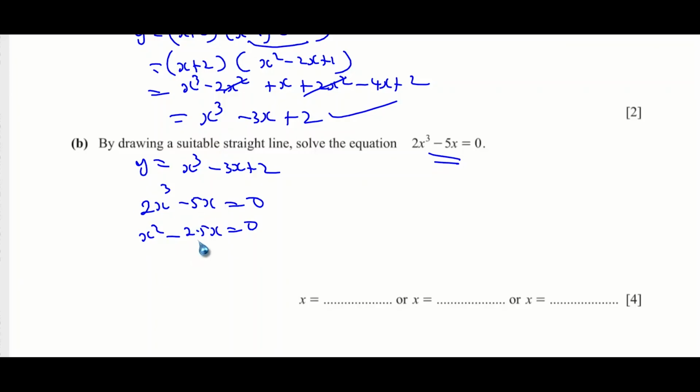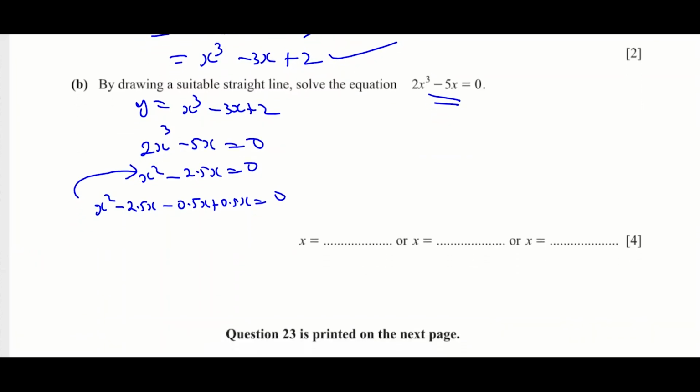To do so, I can say x cubed minus 2.5x minus 0.5x plus 0.5x equals 0. So this and this will cancel out, and these are still the same.